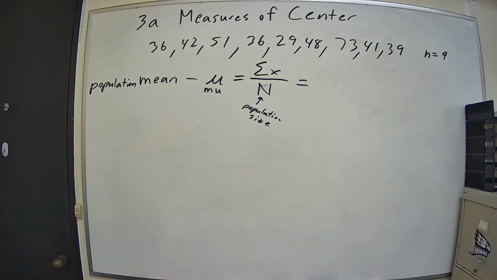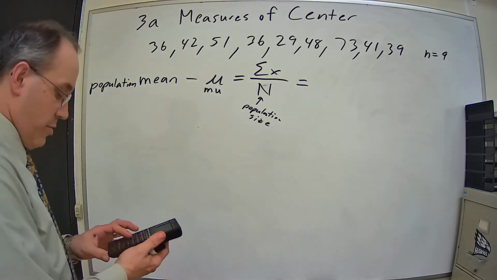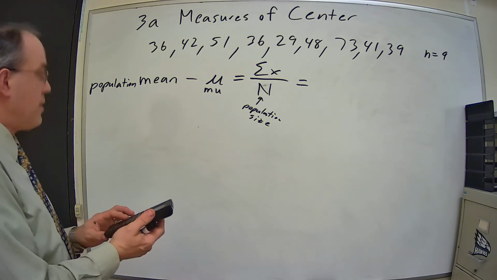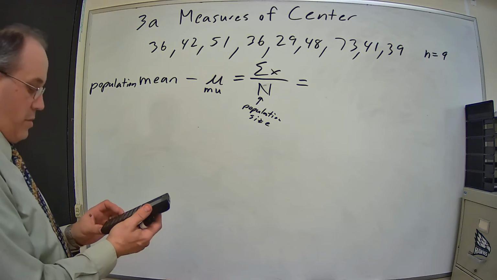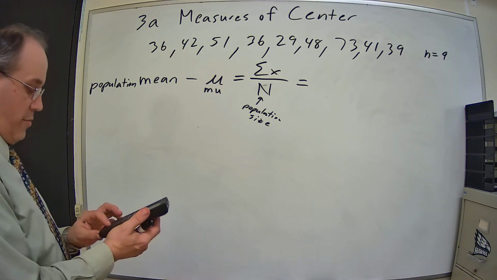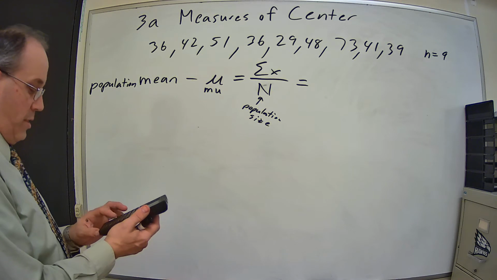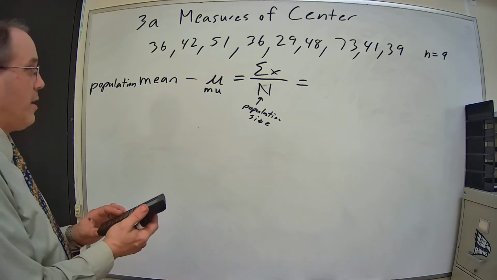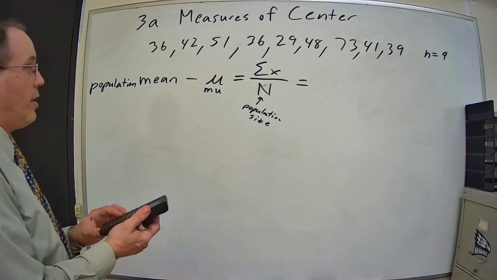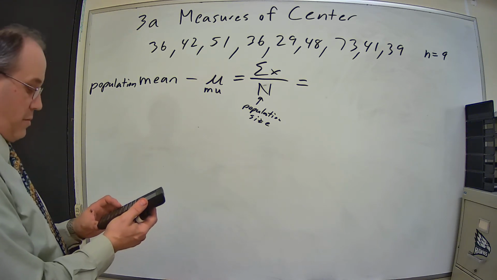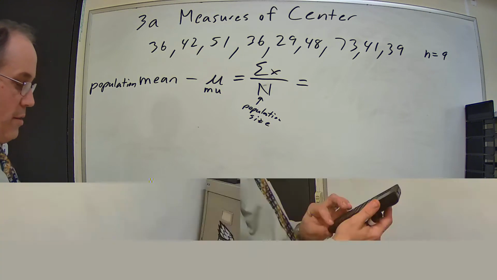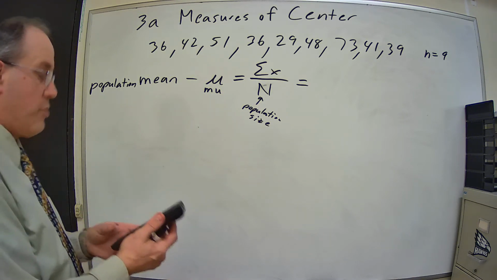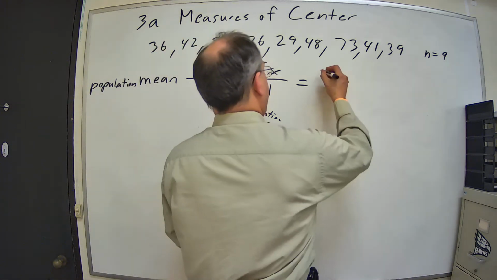So that means to find our population mean of this data, we would add up all these data values, and I'm just going to grab a calculator here. So we would just add all these up. So 36, 42, 51, 36, 29, 48, 73, 41, 39. We're just going to add those up. So we get 395.